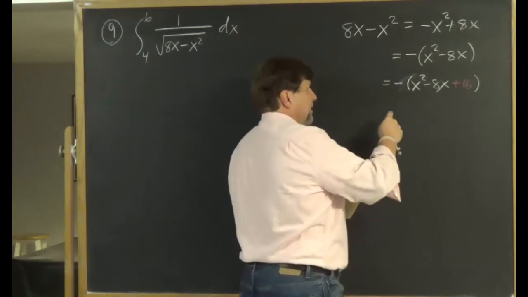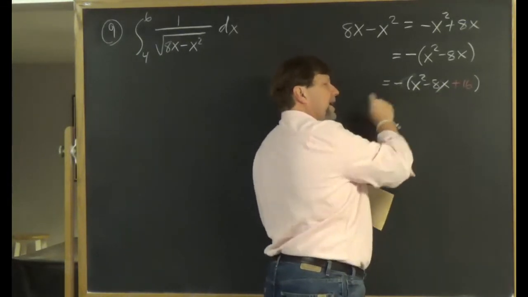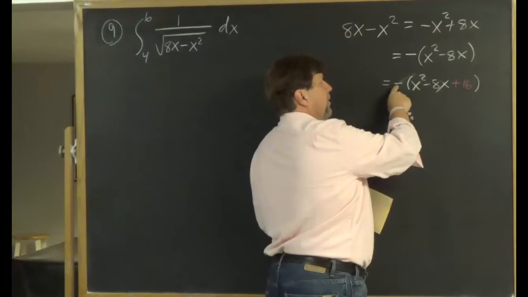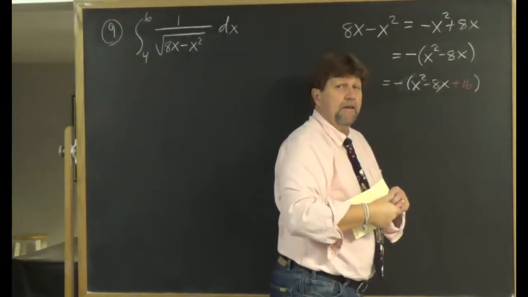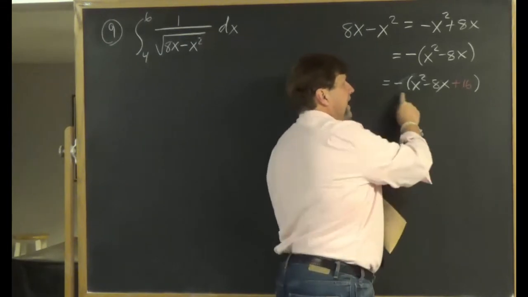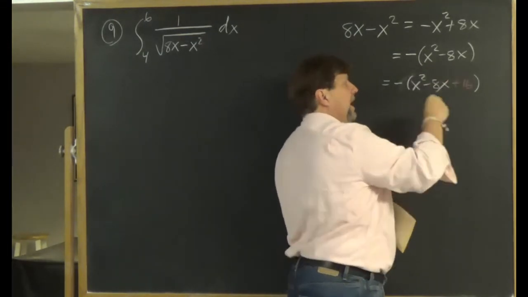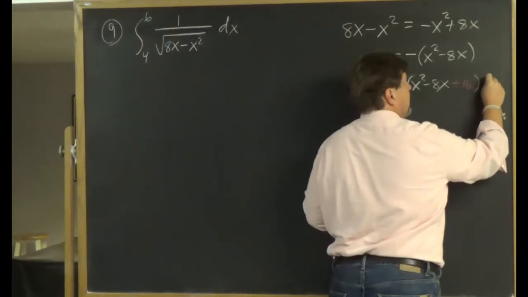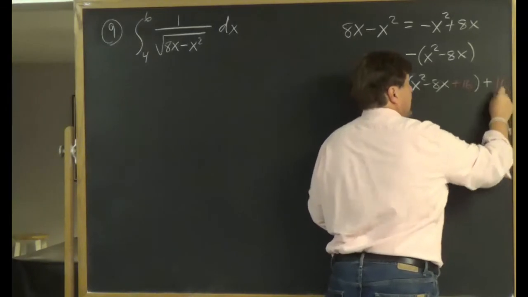Now keep in mind, if I add a 16 in here, there's a negative sign out front. If I were to distribute that negative, that would give me a negative 16. So to preserve the fact that all of this has to still equal this, I need to add a 16.